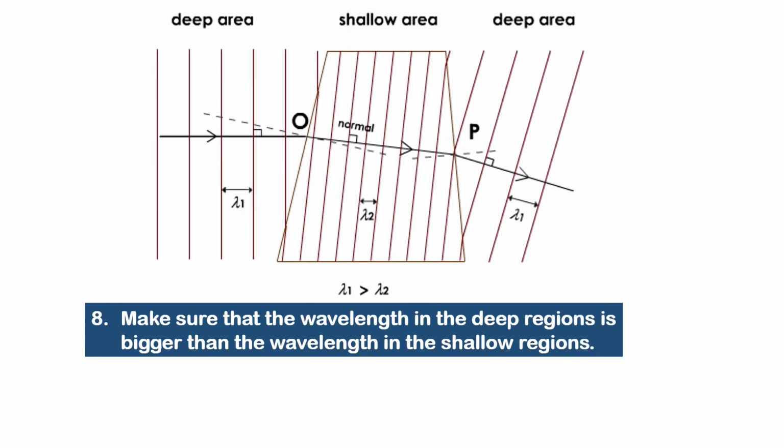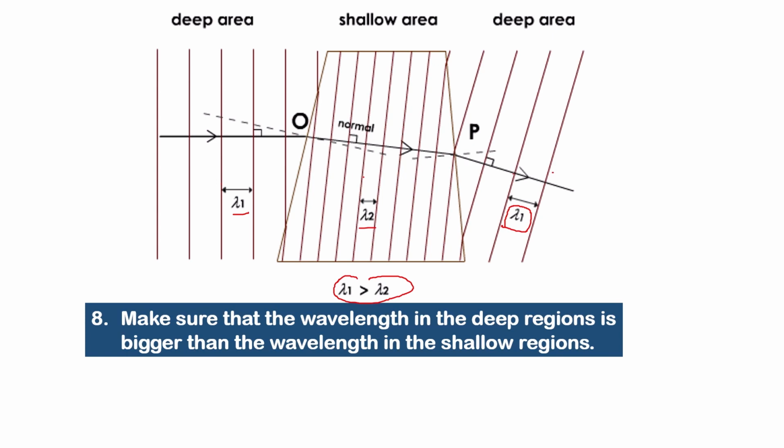Alright. And also one more thing, we label lambda. Lambda is always from one wavefront to another wavefront. For example, from here to here. So this is lambda 1. And in the shallow area, from here to here is lambda 2. And again, going out to the deep area, we represent it as lambda 1, from one wavefront to the next.